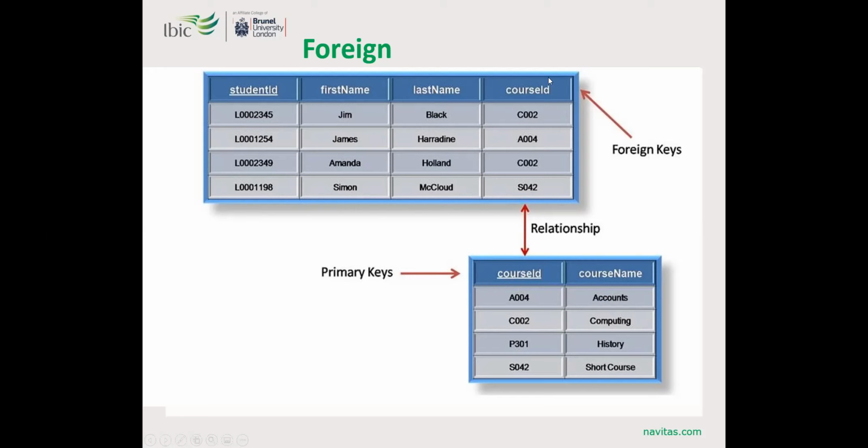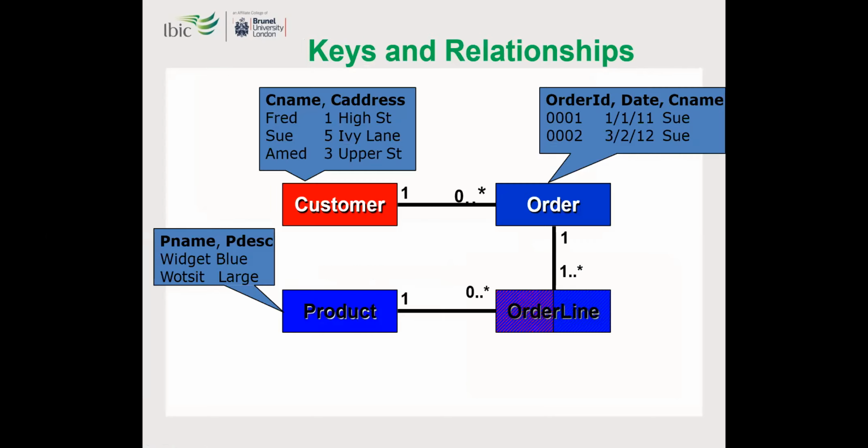Sometimes you see a different writing of the course ID, for example, course number, but it still has the same values, so it doesn't matter. But the foreign key of one table should be a primary key of another table which is related to the first table. So let's look at another one.